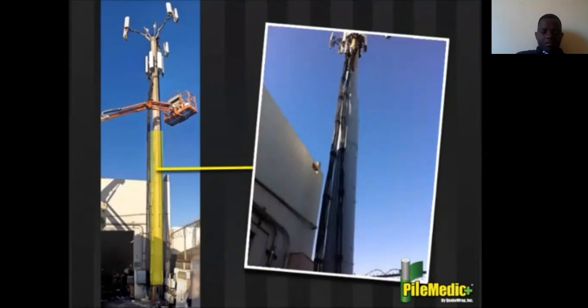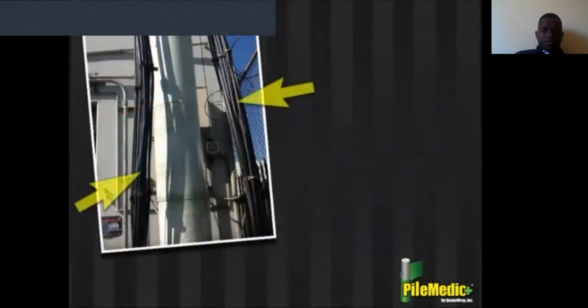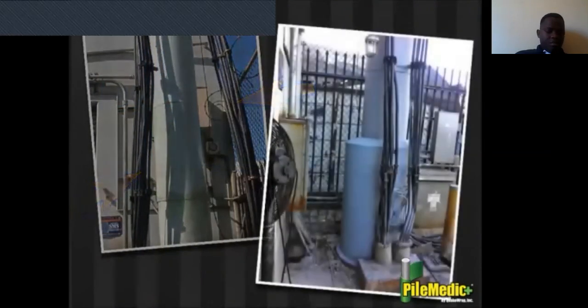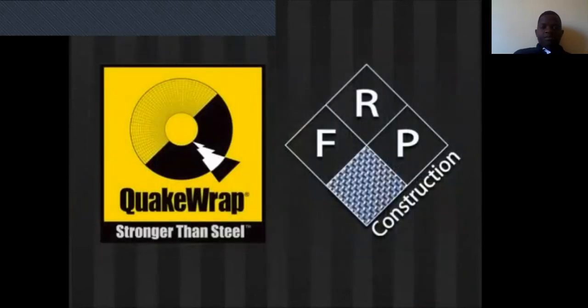This region was also filled with an expansive non-shrink grout. 7. As part of this repair, a number of existing cables and conduits that were attached to the tower were carefully moved slightly to accommodate the repairs. This did not require disconnecting any of these cables, allowing the tower to remain fully in service during the repair. These appurtenances were later pushed back to their original location. Field installation of this project was completed by FR.